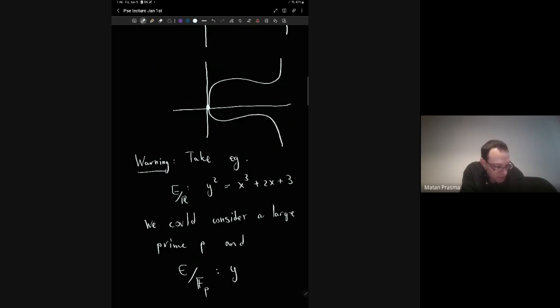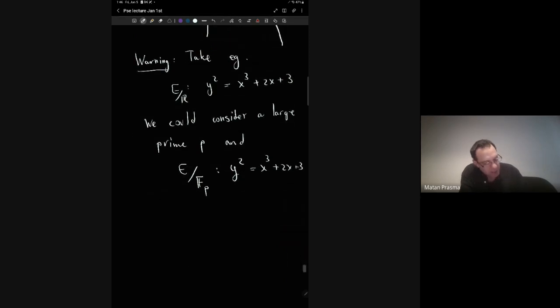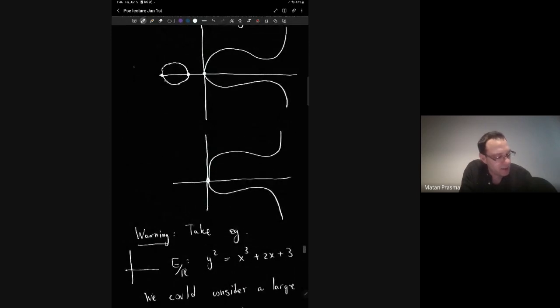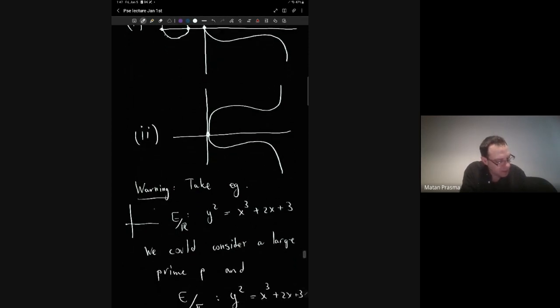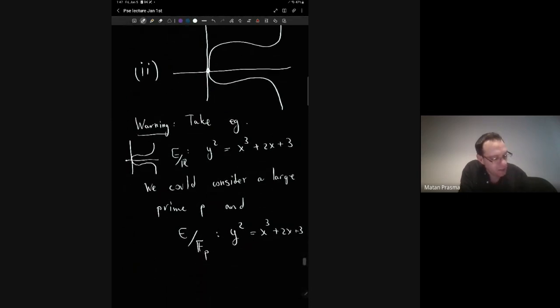So this will be, again, y square equals x cubed plus 2x plus 3. And let's suppose that over R, I didn't check it, but it's just one of these cases. So for simplicity, let's suppose it only has the fish component.